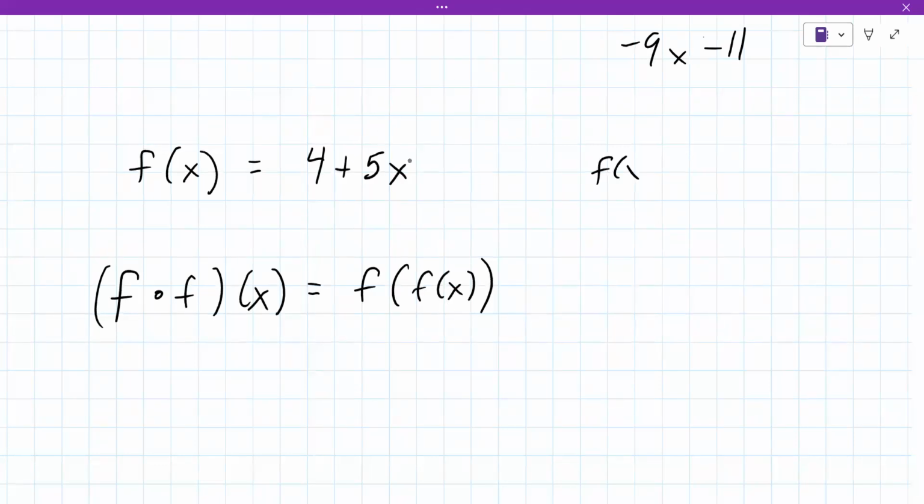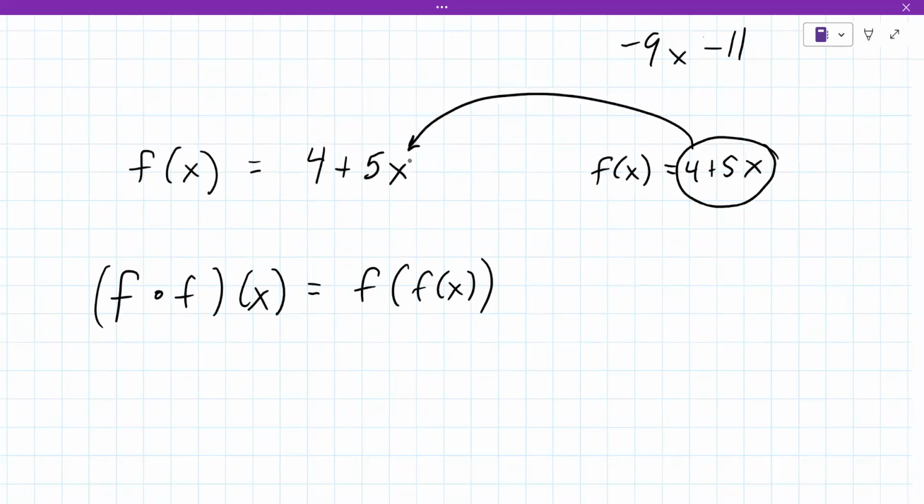So one way that I like to do this and show it is to actually write the function again, and then take the 4 plus 5x and plug it in for x.